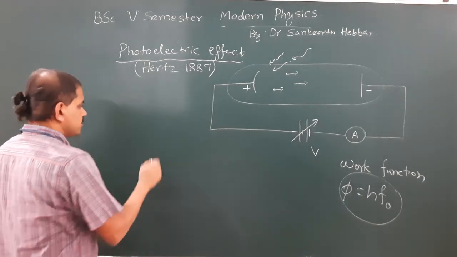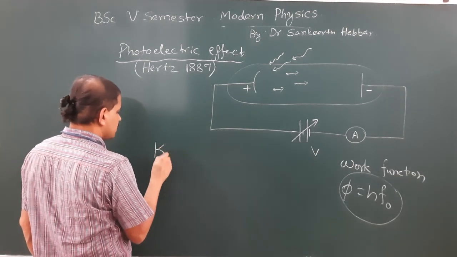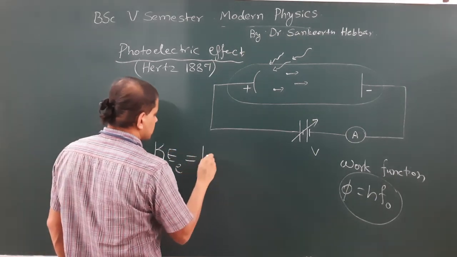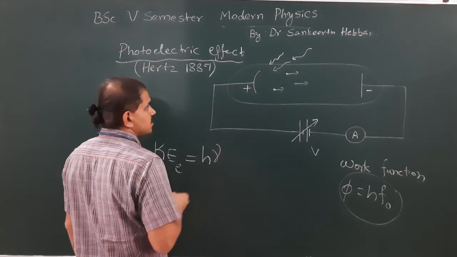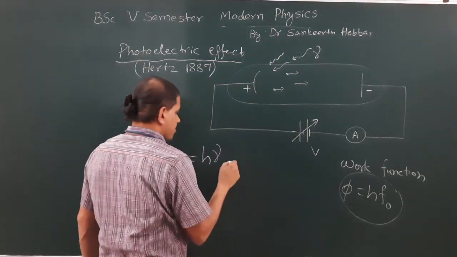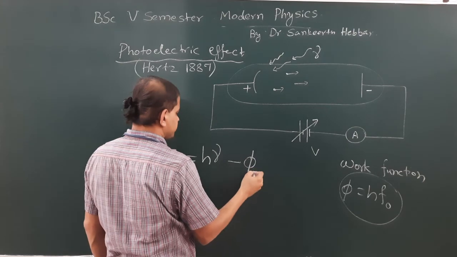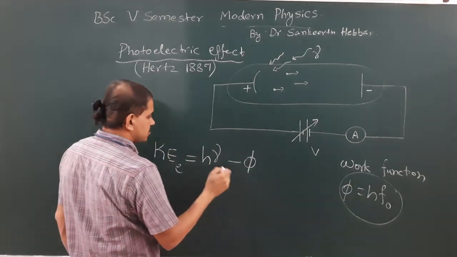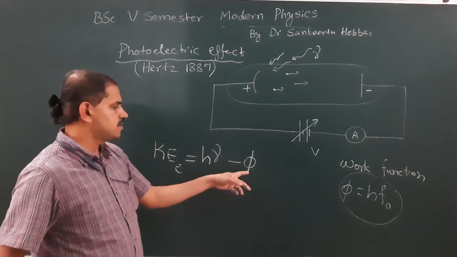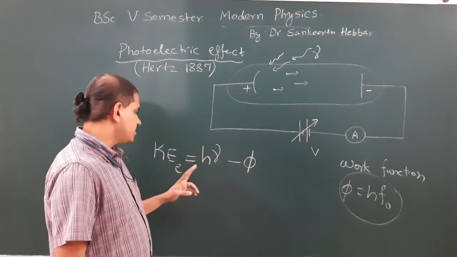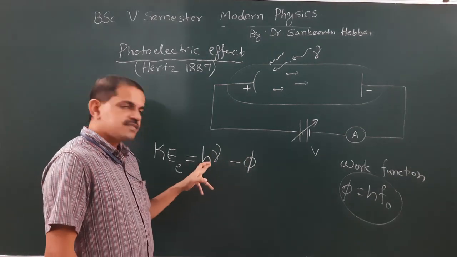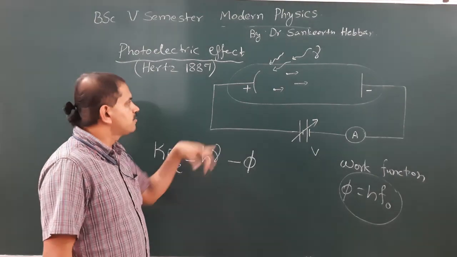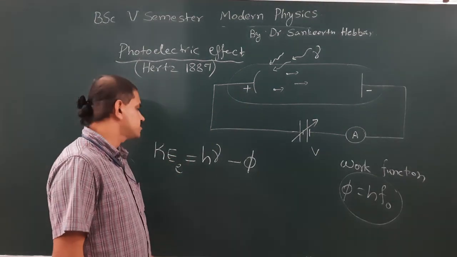That is what we are going to understand based on the quantum theory of photoelectric effect explained by Albert Einstein with a simple equation: kinetic energy of electrons is equal to the energy of the incident radiation, h nu, minus phi, the work function. So this is the energy of the incident light and this is the work function. As long as this is less than this, the electron would not come out of the metal surface.